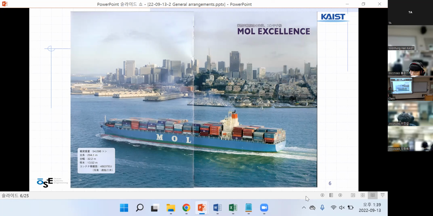This number is very special, 32.2. This one we call Panamax. Somebody typed Panamax last time in the chatting room. All of you Koreans, can you remember? Yeah. There is a maximum breadth they can pass through the Panama Canal.